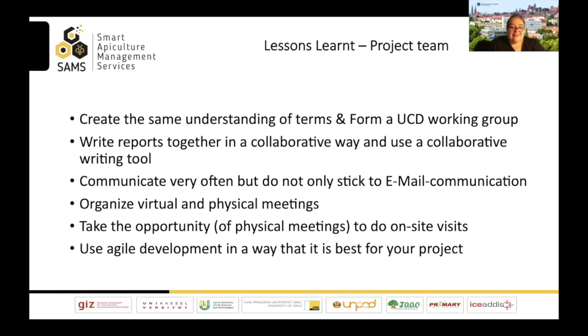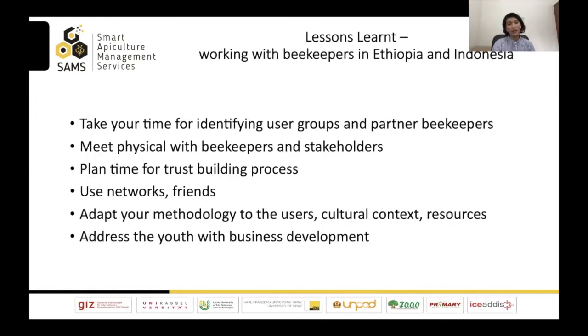Yeah, and lastly, for the beekeepers themselves in Ethiopia and in Indonesia, I guess it's important for us to engage with them on a deeper level, because these beekeepers need to trust who they're working with, and online or text communication is not enough for them. So we need to take some time to meet them in their place, to visit their apiary and talk to them directly.